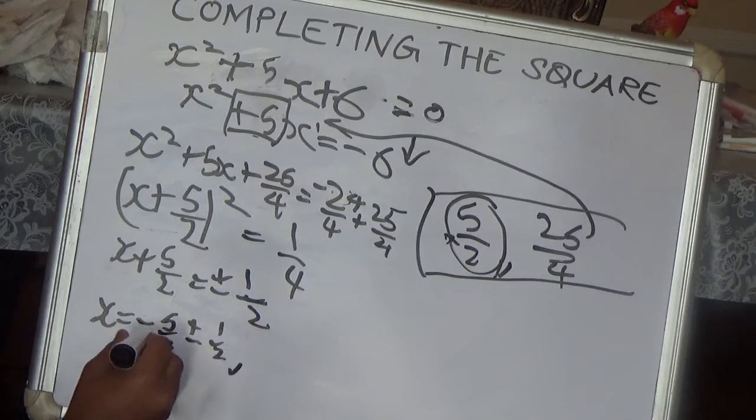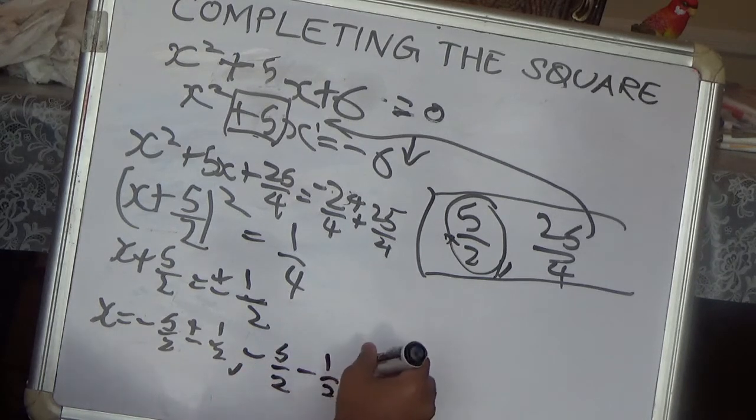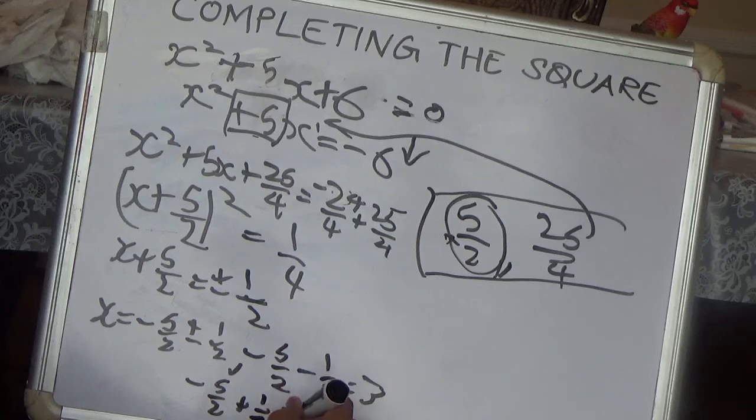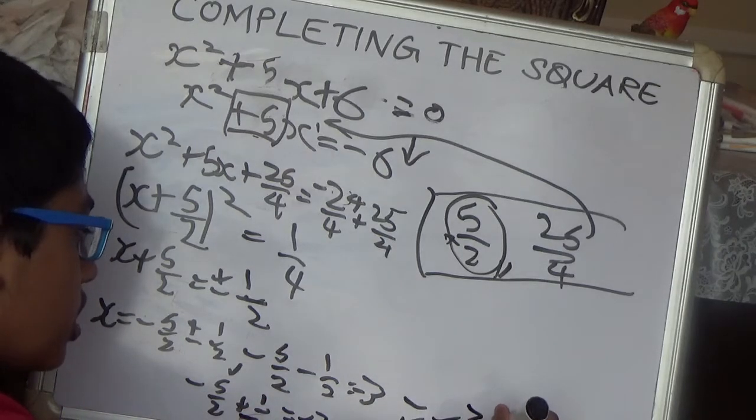So -5 over 2 minus 1 over 2 equals -6 over 2, which is -3. And -5 over 2 plus 1 over 2 is -4 over 2, which is -2. So the answer is x equals -3 or -2.